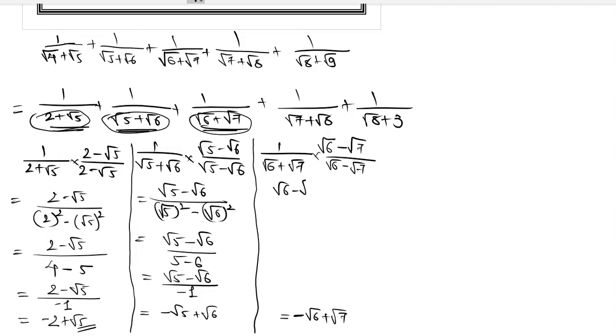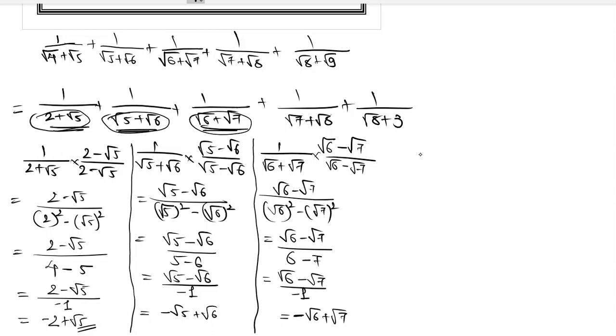Root 6 minus root 7 upon root 6 the whole square minus root 7 the whole square, that is root 6 minus root 7 upon 6 minus 7. 6 minus 7 is minus 1. So root 6 minus root 7 upon minus 1. The minus sign will multiply in the numerator, and you will get minus root 6 plus root 7.